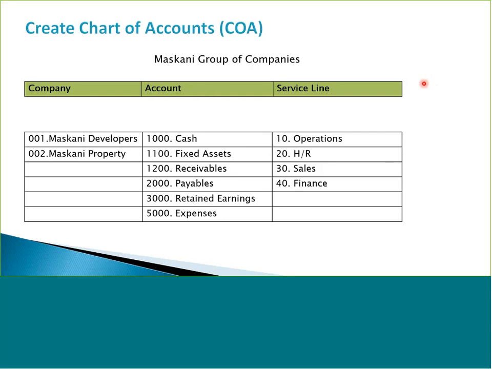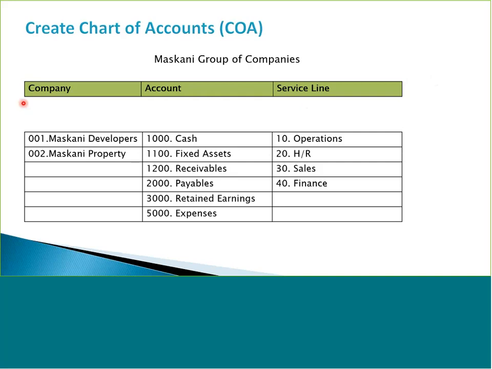Maybe, let's say, software or hardware and stuff like that. We can have another segment that shows projects, the different kinds of projects that the company is working on. So the chart of account structure, we can basically also call it the organization structure because it shows how the company is organized.